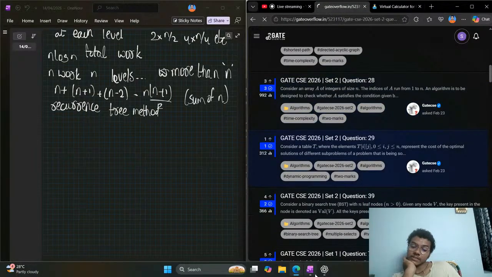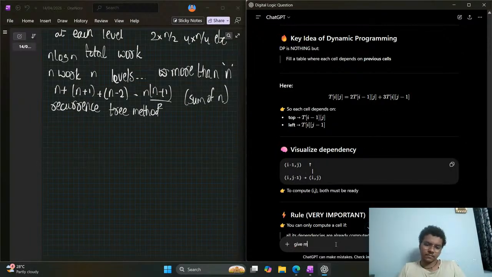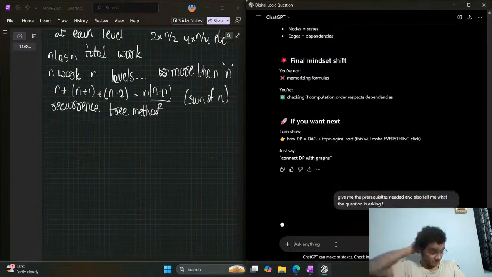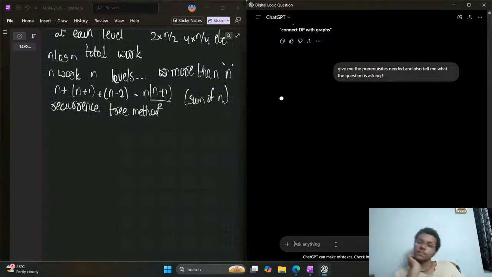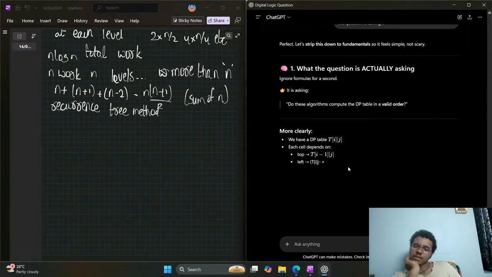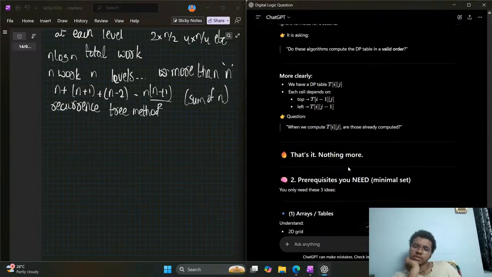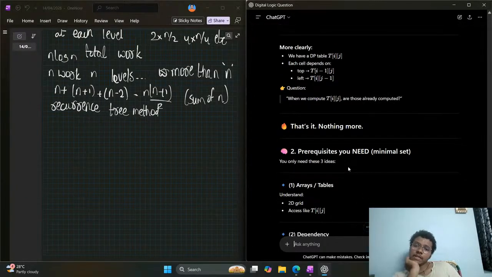So we are here, right? Do these algorithms compute the DP table in a valid order? We have a DP table.